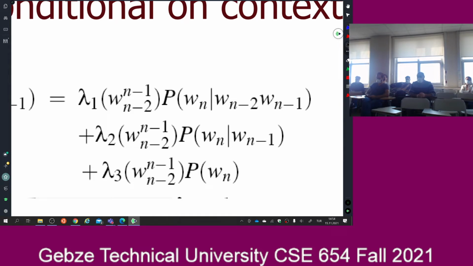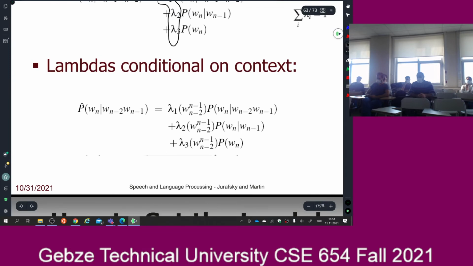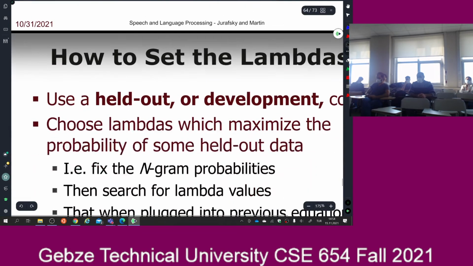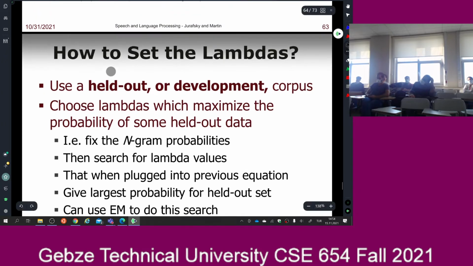So how do you calculate those lambdas again? If these are very frequent words, then those lambdas should be high, otherwise low. Maybe the number of occurrences of those words. But setting the lambdas is another issue here. So how do you set the lambdas? Maybe we should learn to set the lambdas using a held out set. What is a held out set?